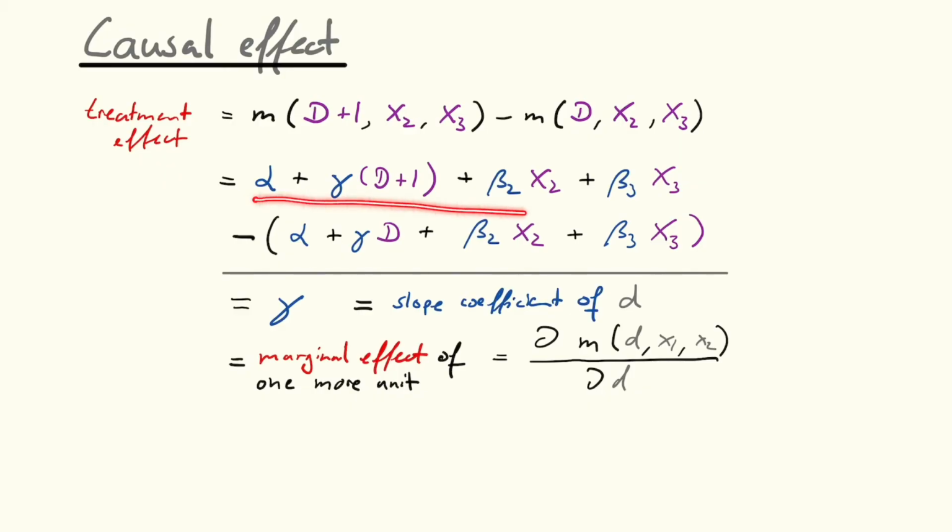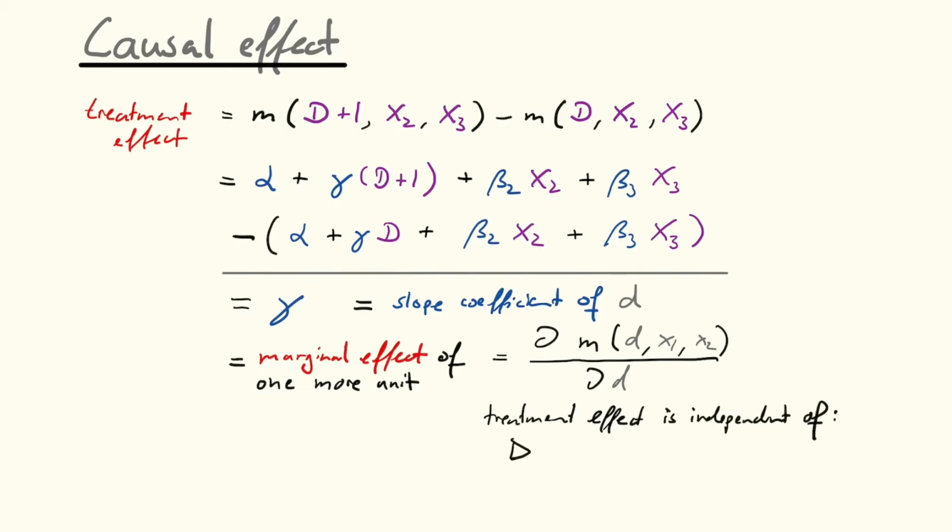Our functional form assumption restricts the treatment effect in two important ways. Our treatment effect is independent of the level of x2 and x3, and it's also independent of the baseline treatment intensity.